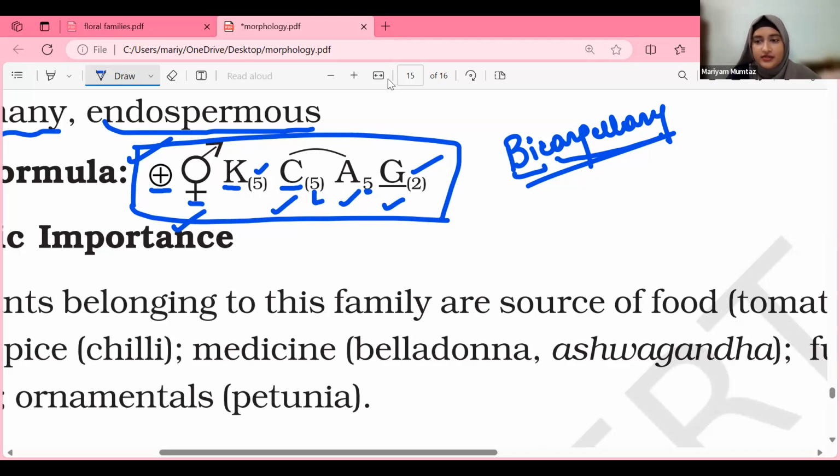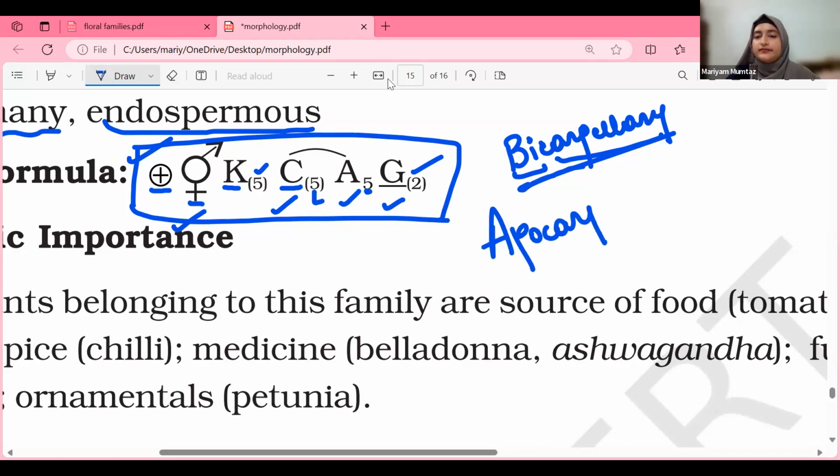And syncarpous. Yes. And what was the opposite of syncarpous? I almost said the answer. What is the opposite of syncarpous? Apocarpous.